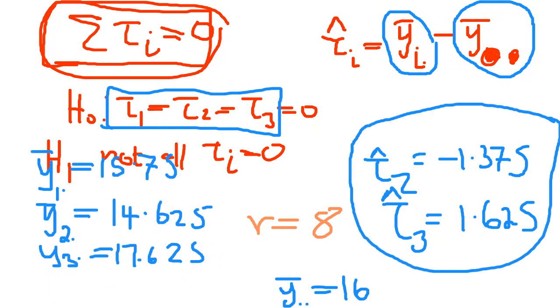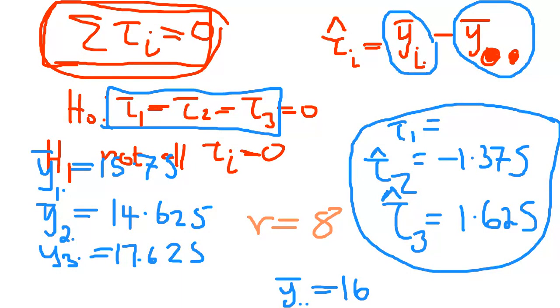You must first check the sum of these two, because at the end of the day, you must have 0. So if tau 1 is not given, it doesn't mean that tau 1 is equal to 0. You cannot say tau 1 equals 0 unless when you add tau 2 and tau 3, you are getting 0.